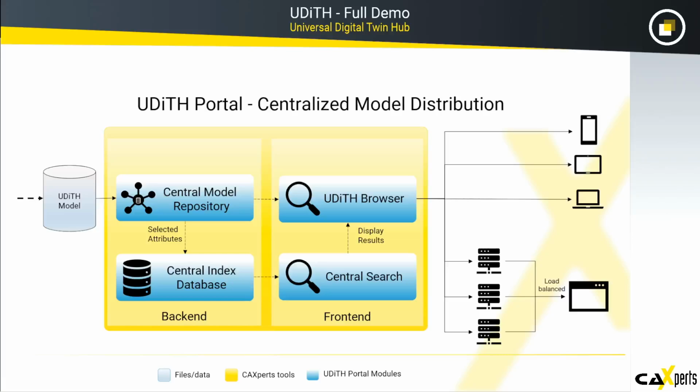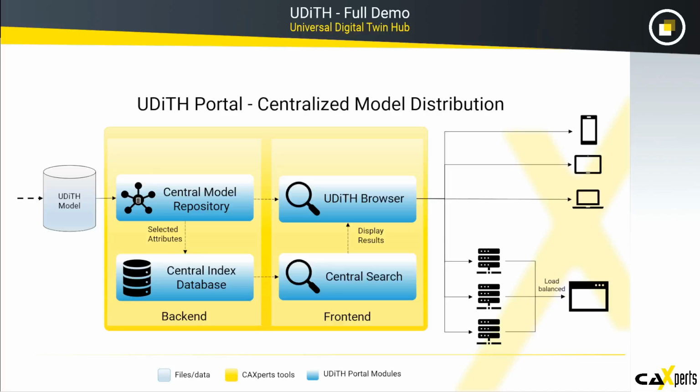And here again, the render servers are pulling the model from the central repository and enhanced with real load balancing. You're basically making the best of your infrastructure, no matter which channel the end user uses to access the UDiTH workspace. It all runs smoothly through the central model repository.